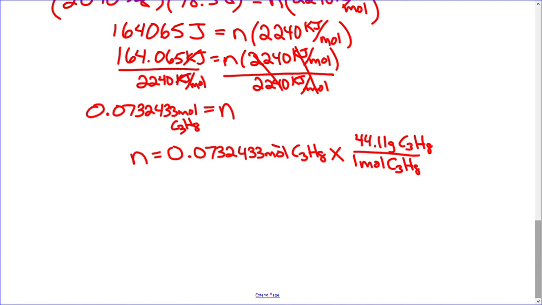And so moles are going to cancel, and when I multiply the amount together here, I get 23076, just holding on to my digits, grams of C3H8.